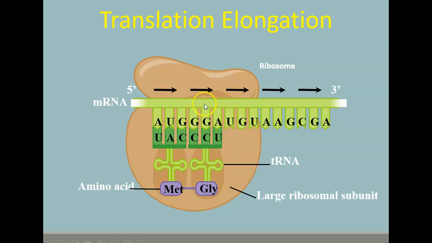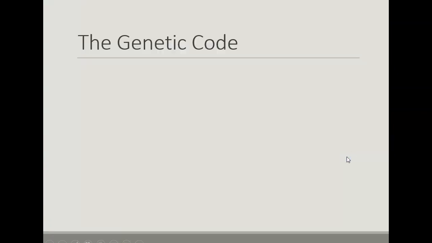Okay, and those codons are matching up with the anticodons on the transfer RNAs that are dropping off these amino acids. So again, remember we're using these base pair rules. There are no T's, so you have A's and U's bonding together, and C's and G's still bonding together. And the process will continue until we eventually meet a stop codon.